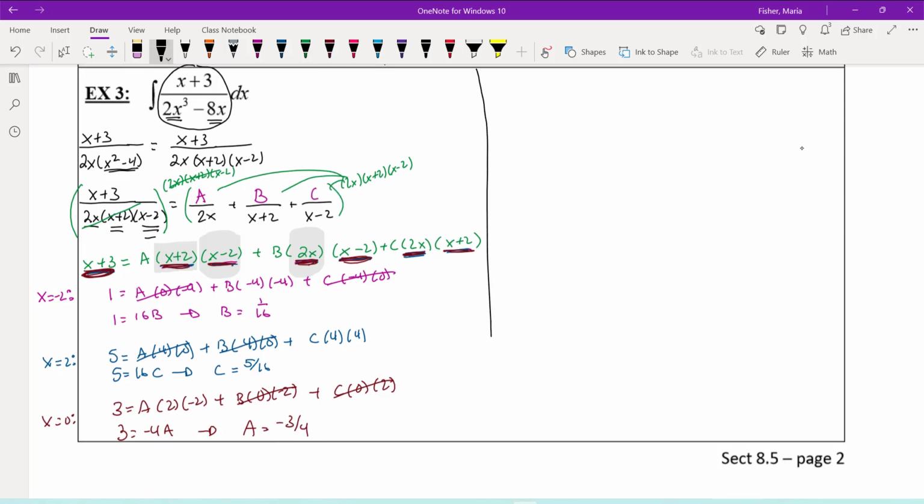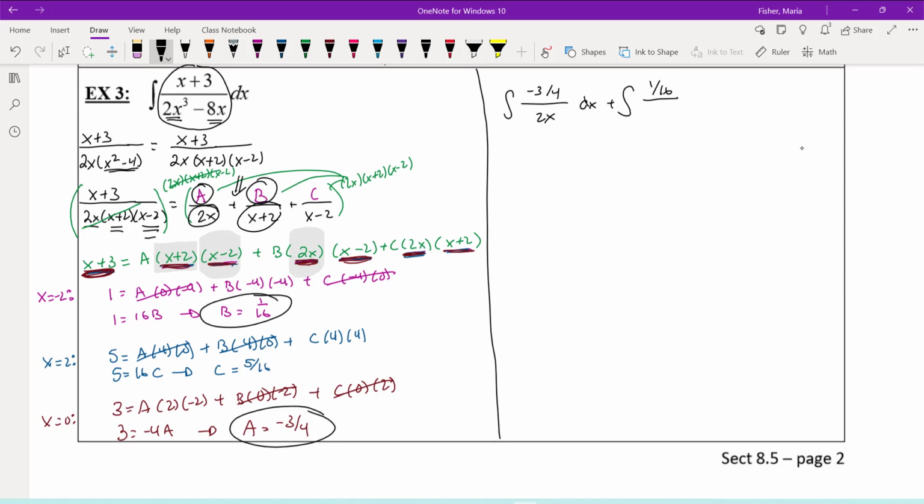Now we're going to put these back into the integral and integrate. So we have the indefinite integral of a, which is negative 3 over 4, divided by 2x. I'm going to go ahead and split up my integrals over addition. So dx plus the indefinite integral of b, which is 1 over 16, divided by x plus 2, dx plus the indefinite integral of c, which is 5 over 16, over x minus 2, dx.